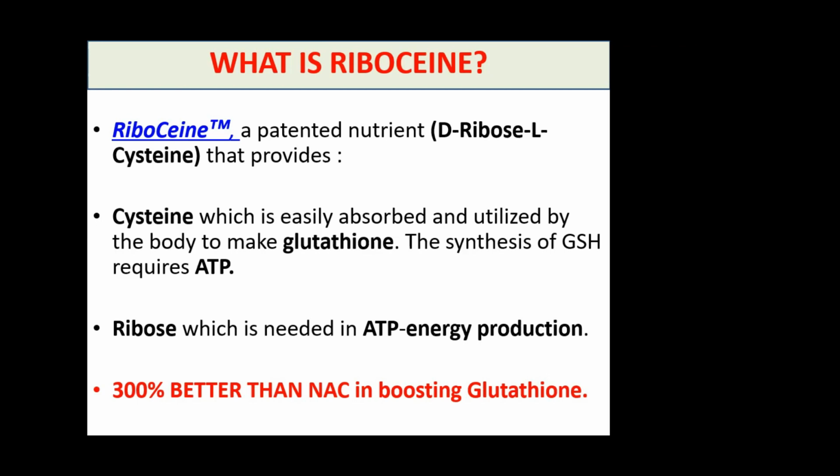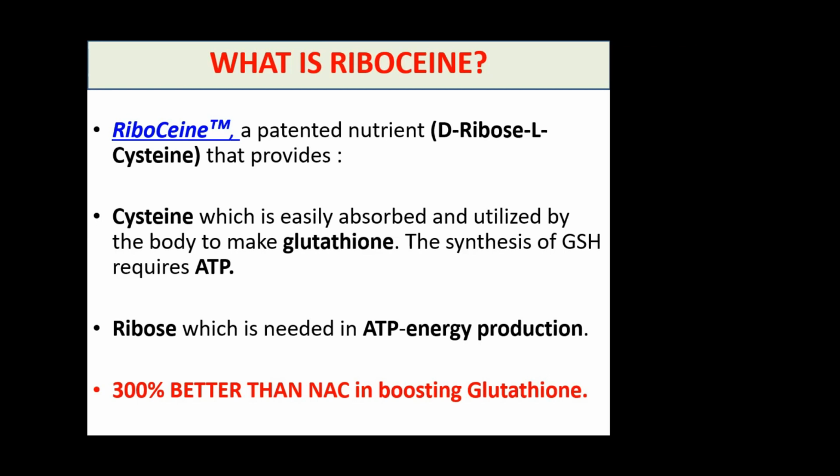Now, to make the glutathione, you need energy, and energy in the body is provided in the form of ATP. So the D-ribose, which is used to stabilize L-cysteine, happens also to be the main component of ATP. So when we take ribosine, we get both the cysteine to make glutathione and the ribose to make ATP, which is needed to make glutathione.